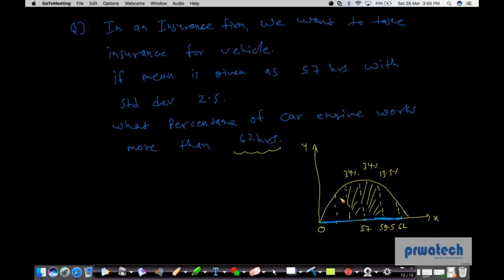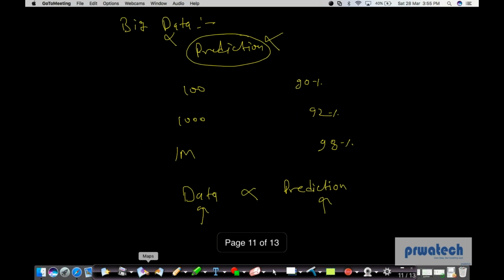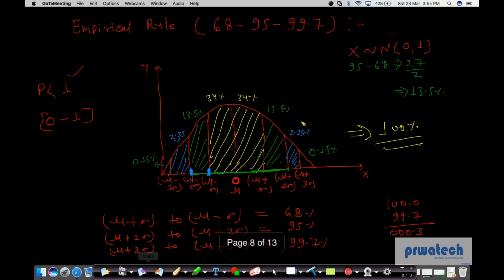This is 13.5%. This is 2.35%. I'm referring to this one, guys. Now I'm referring to the symmetrical rule of the empirical rule: 68, 95, and 99.7. I'm using this rule.